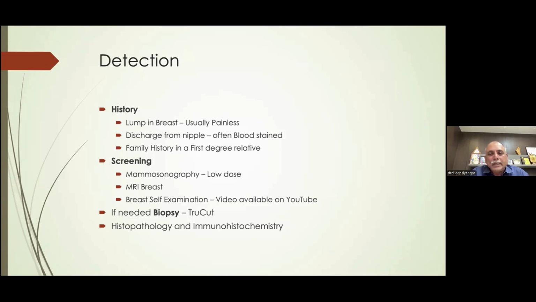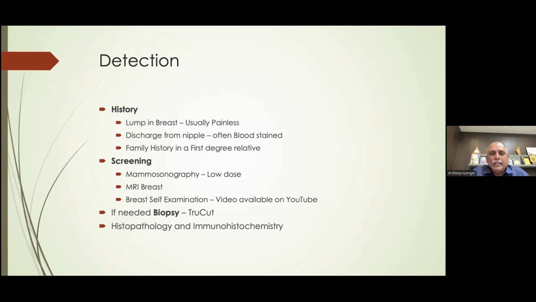It is usually a painless lump with some puckering of the skin many a time. So most of the time it is missed in the early stage, especially in our country. Sometimes you can also have discharge from the nipple, which can also be blood stained. The other thing to take from history is family history in a first degree relative, either the mother, daughter, or sister.